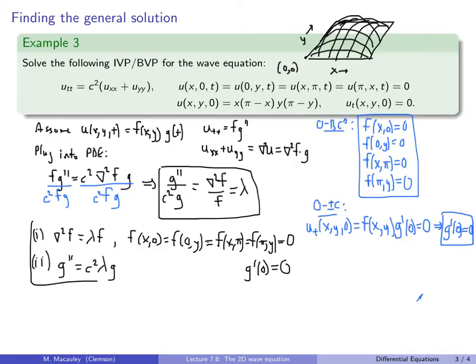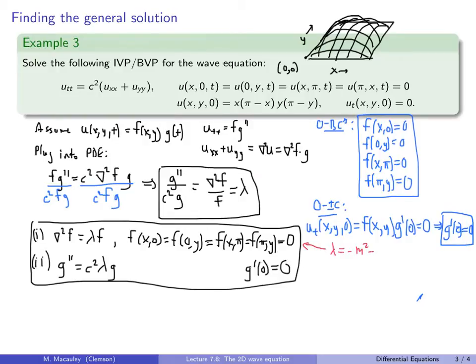Okay, so this is something that we know how to solve. So recall that the solution to the first one was that lambda equals negative m squared plus n squared. And F of x, y was sine of mx times sine of ny.